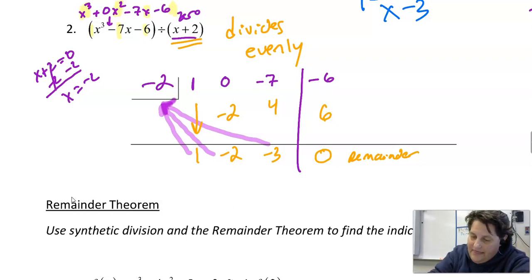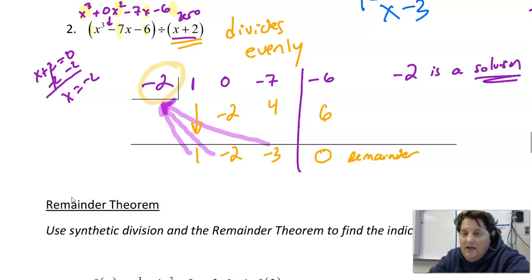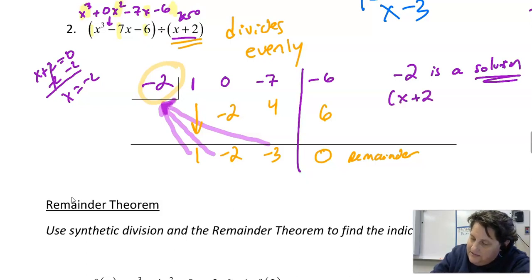It tells me that this number right here, negative 2, is a solution to that polynomial. All right? Tells me negative 2 is a solution. You know what else it tells me? It tells me that x plus 2 is a factor.